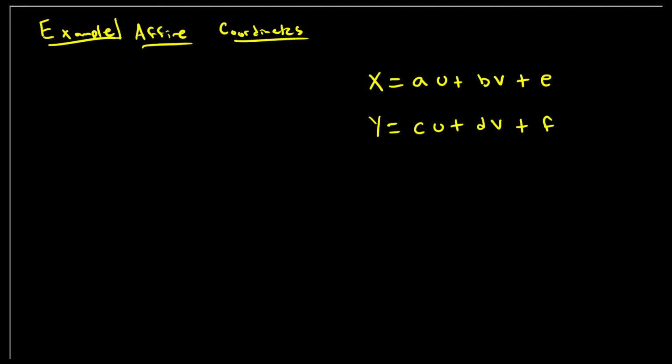And really what this amounts to is a stretching or a shrinking along each individual axis, as well as a translation or a shift of e along x and of f along y. So these coordinates are super useful in image processing and crystallography, and many, many different applications, but this is a very specific example.